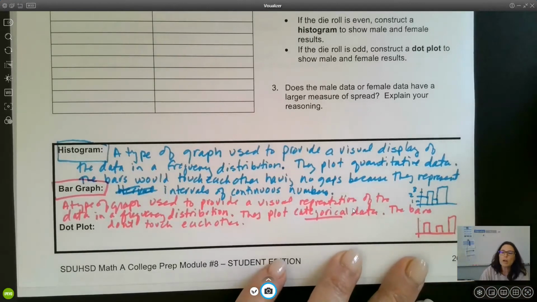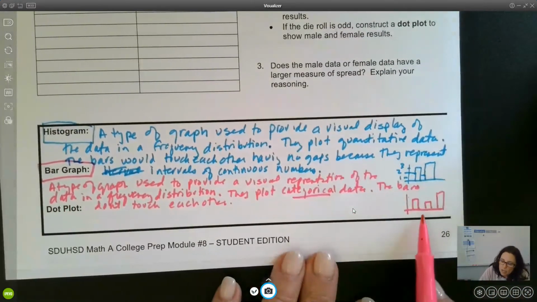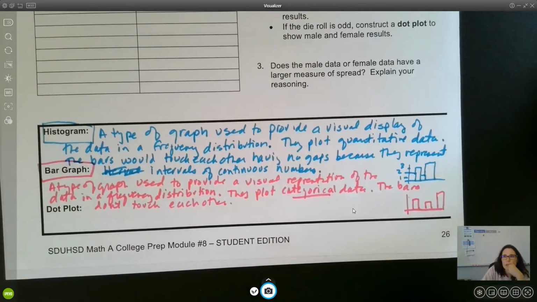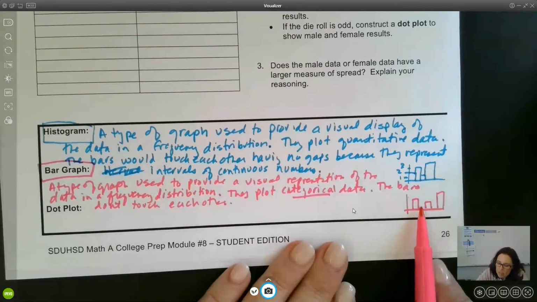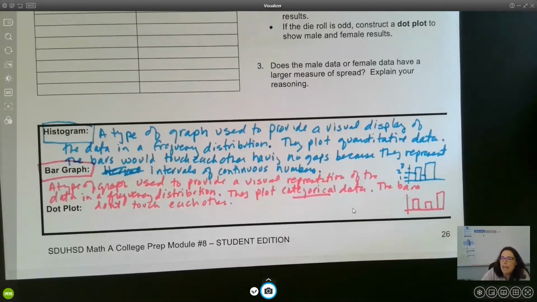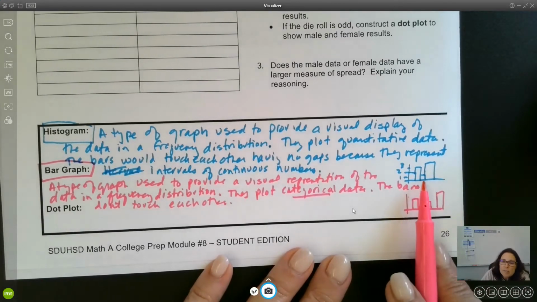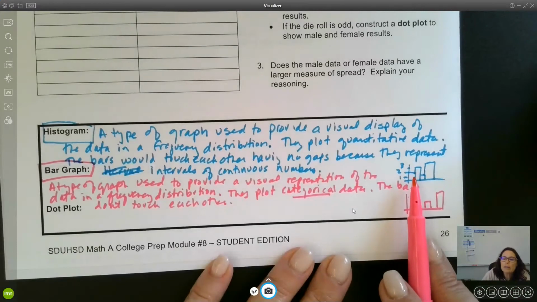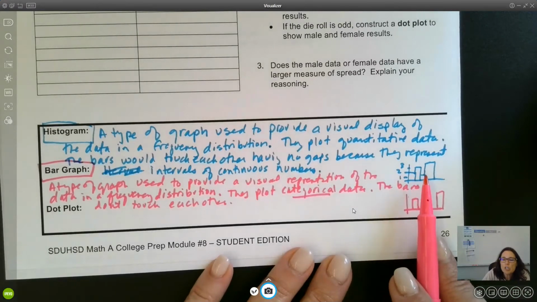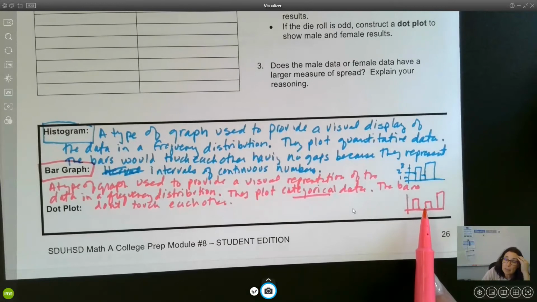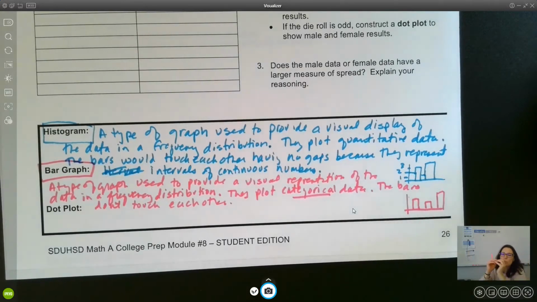They wouldn't touch each other because you can't really have one of these lines shared between them as a dog and cat. Up here, if it was age ranges, it would be appropriate for the bars to touch each other. But down here, if you had birds, dogs, that wouldn't make any sense. They would need to be separate freestanding little categories.